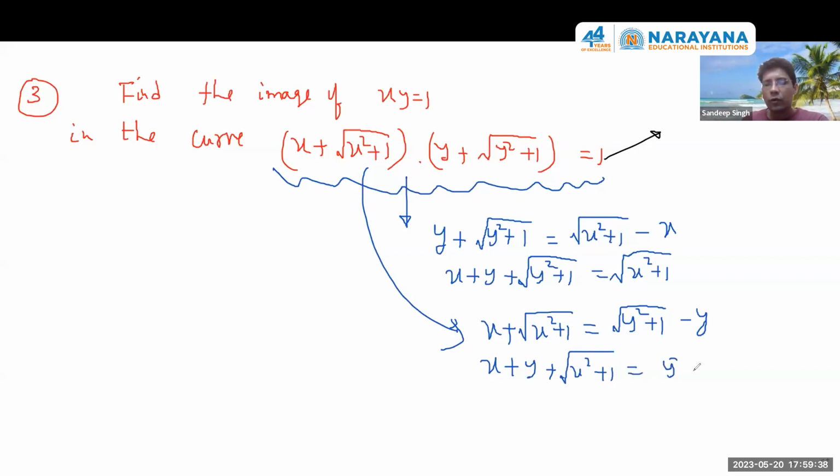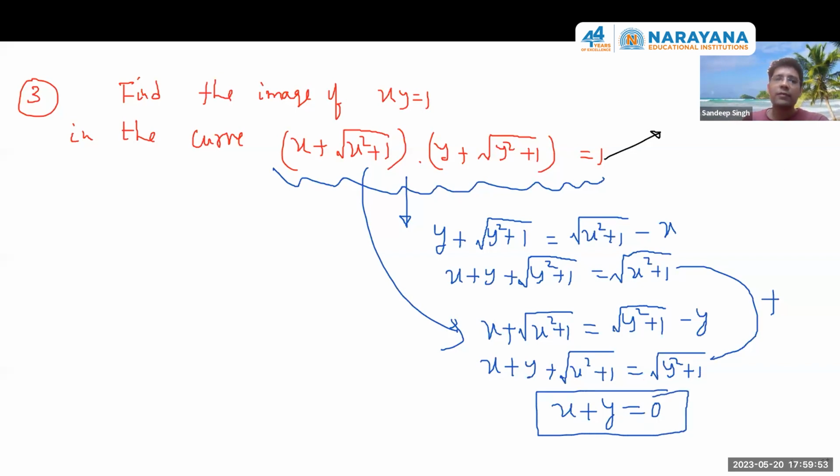Correct. So this is a well-known curve. Now if you add these two equations, what will you get? X plus y equal to 0. That means this curve is x plus y equal to 0. And what is the image of this hyperbola xy equal to 1 in x plus y equal to 0?